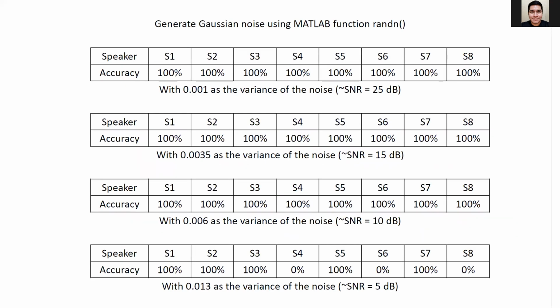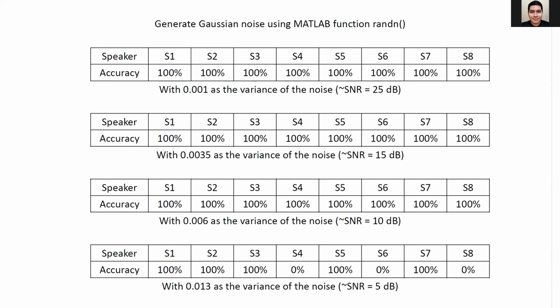We added 4 different variances of noise: 0.001, 0.0035, 0.006, and 0.013, corresponding to signal-to-noise ratios, SNR, of 25 decibel, 15 decibel, 10 decibel, and 5 decibel, respectively.